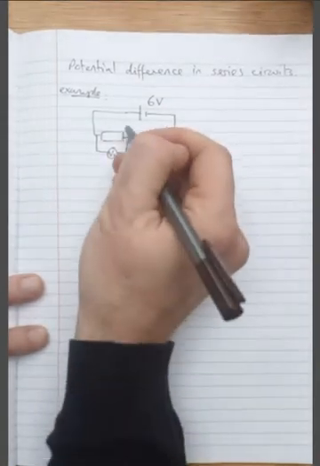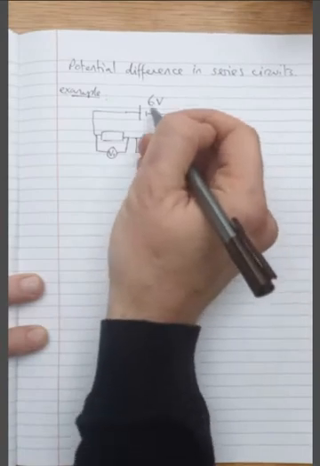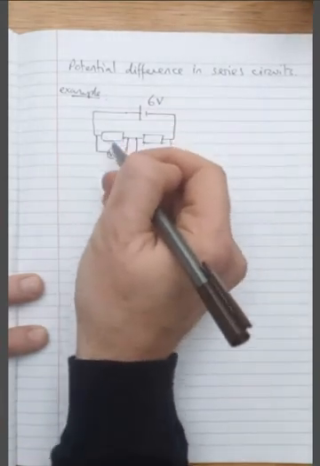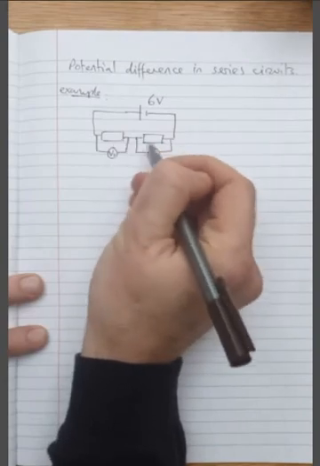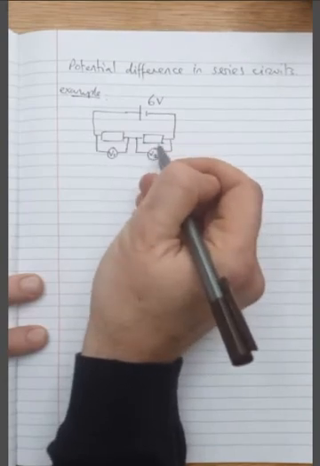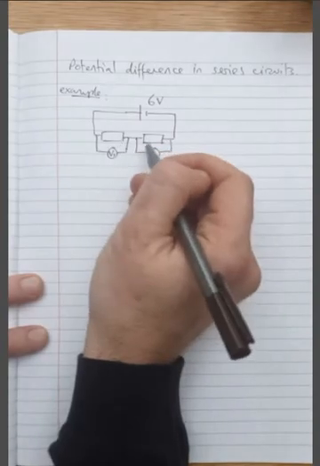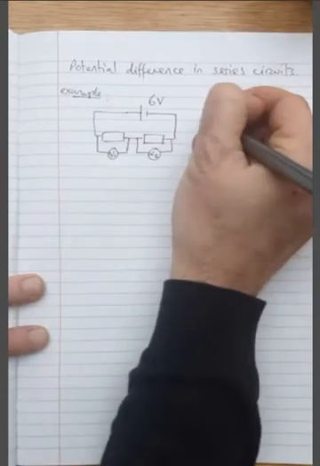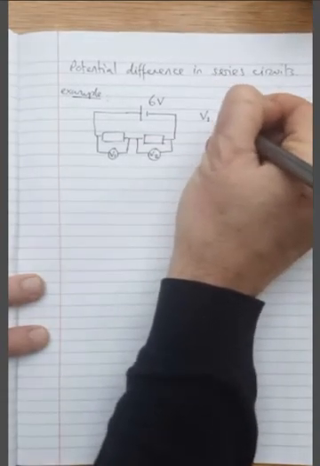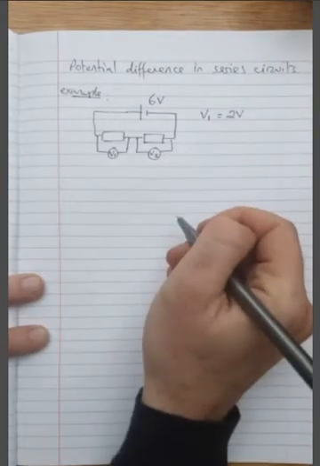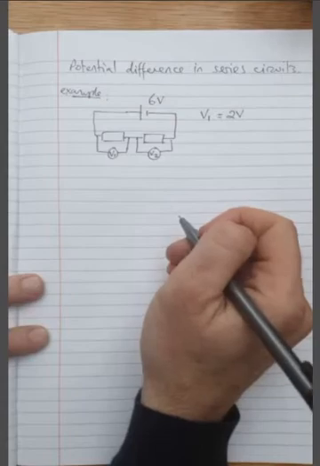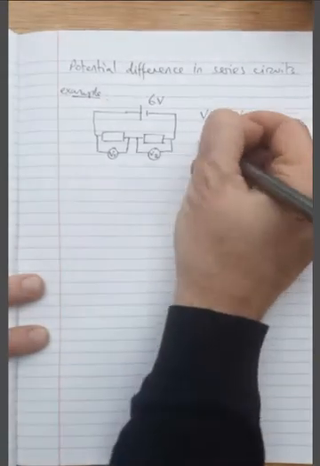Now, what I know is that therefore the total potential difference around my circuit is 6 volts. What I don't know is how much is going across each of these resistors. They may be the same, they may not be the same. What I've been told is that V1 has a potential difference of 2 volts, and I'm asked to find out what is V2.